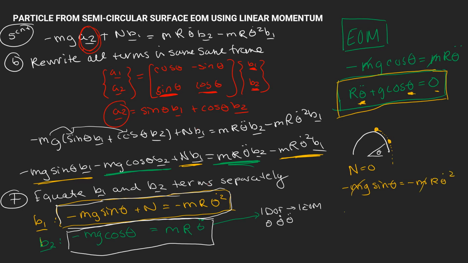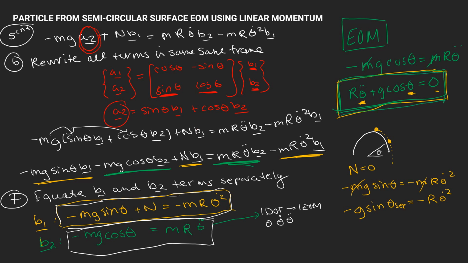Cross out those m's. And now we call this theta sep, the separation angle. And then it's equal to negative r theta dot squared. So even though it's a leftover equation, it still can be helpful for us. But in terms of what our ultimate goal was, it was this: derive that equation of motion, and here it is.